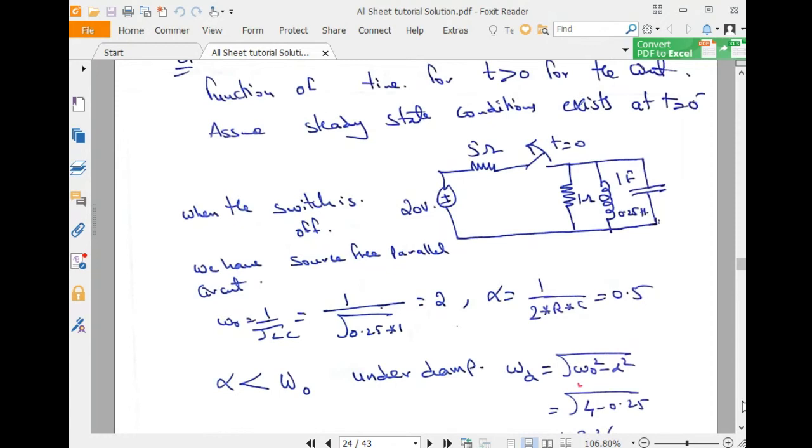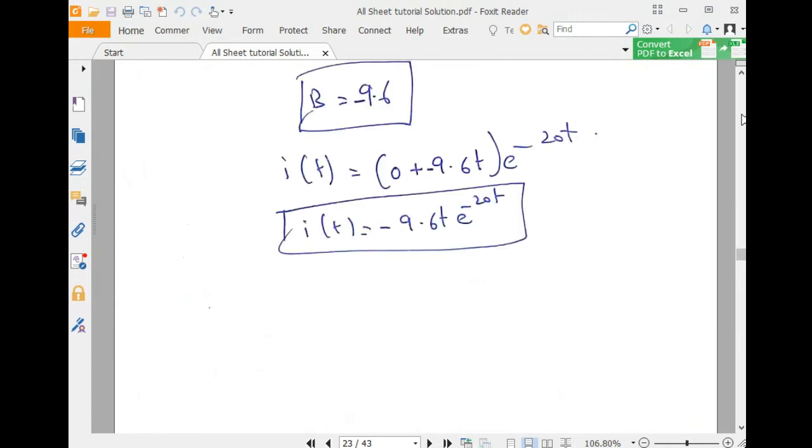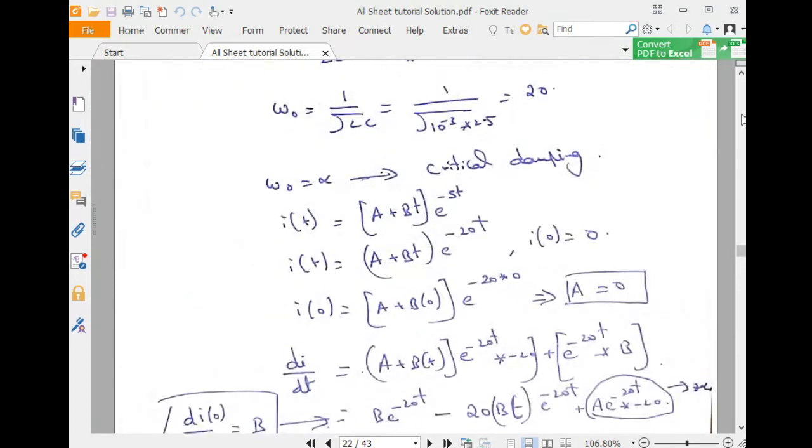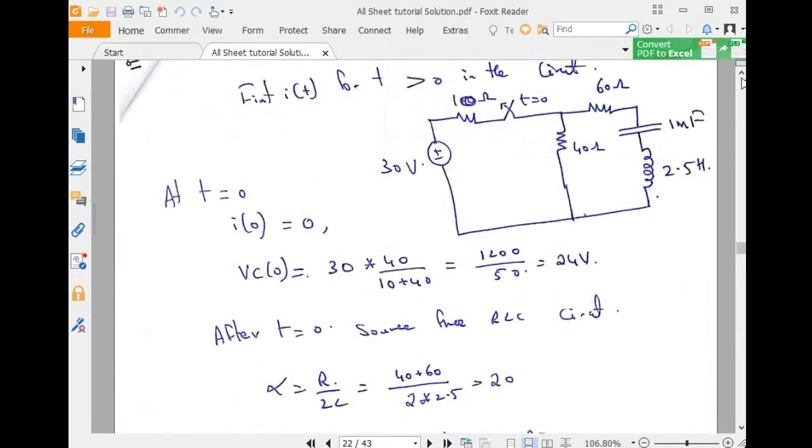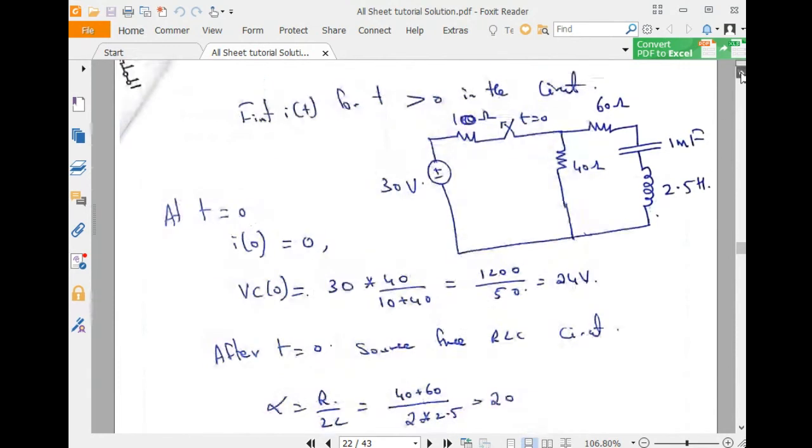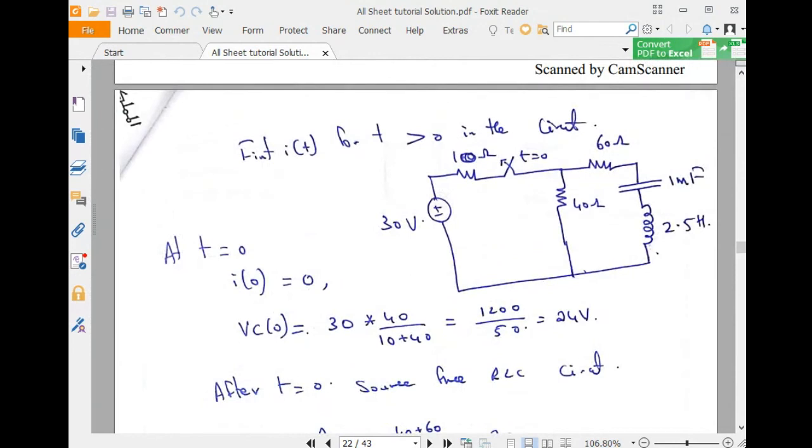So for this question, you have the solution in the sheet, but explain it clearly and submit it to me as homework.